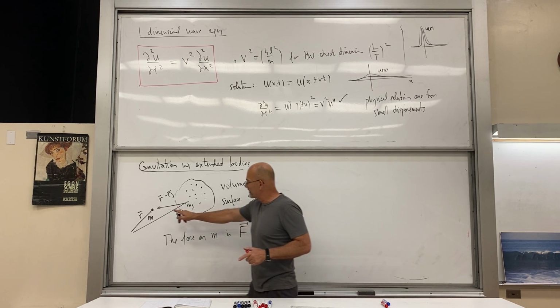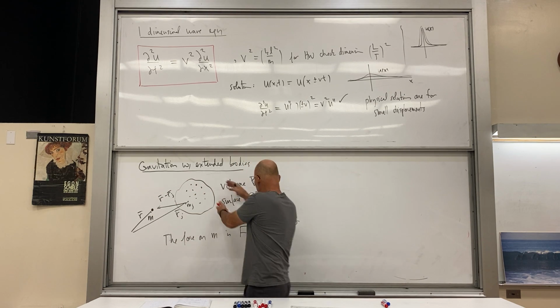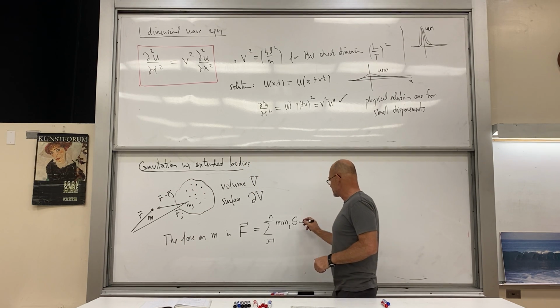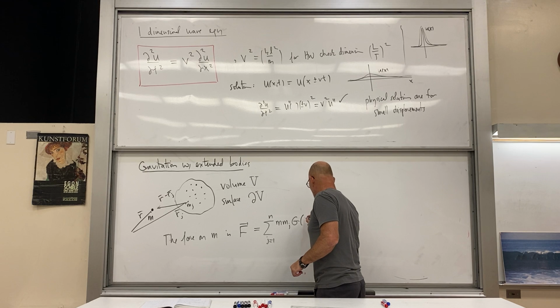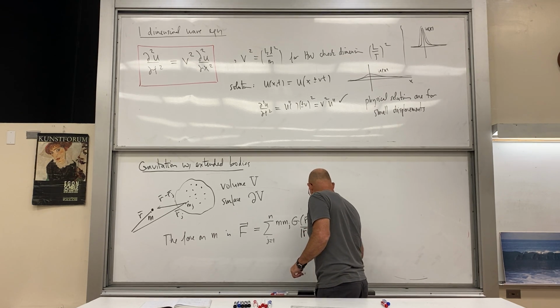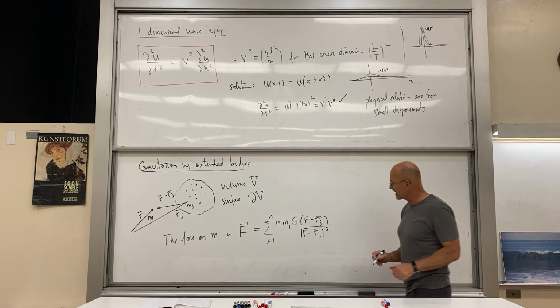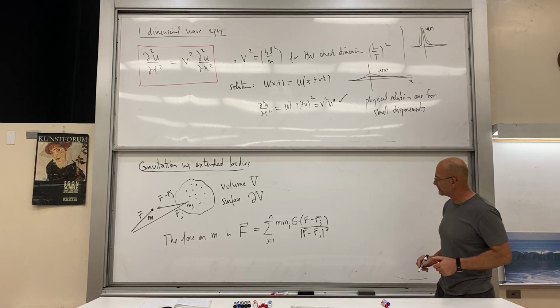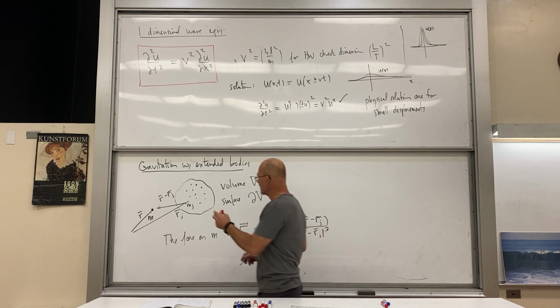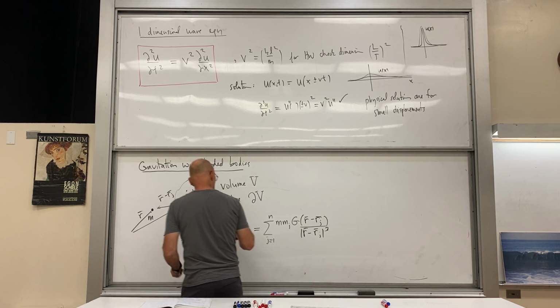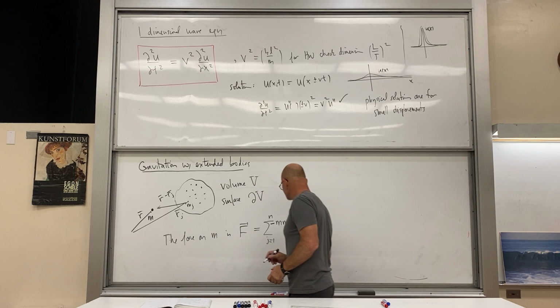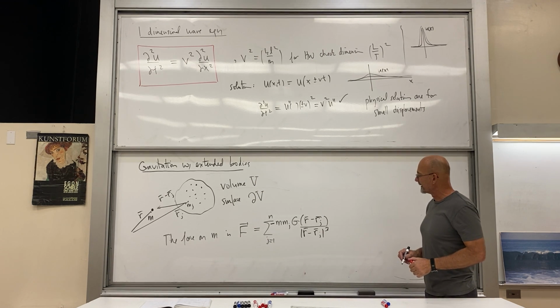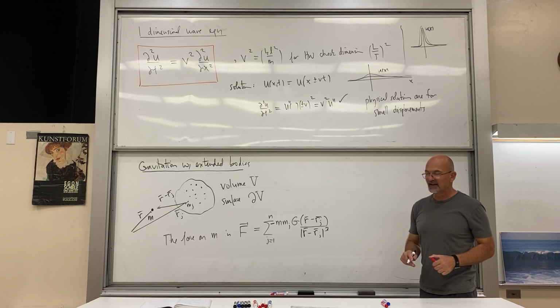I'm thinking of this m as being outside of this volume there. Let's go ahead and write this out: r minus r sub j divided by the magnitude of r minus r sub j cubed. Okay, so we've got a little bookkeeping here right now. And because we're being attracted to the jth particle, we have to put a minus sign in front. Okay, and there we go, that's the expression.